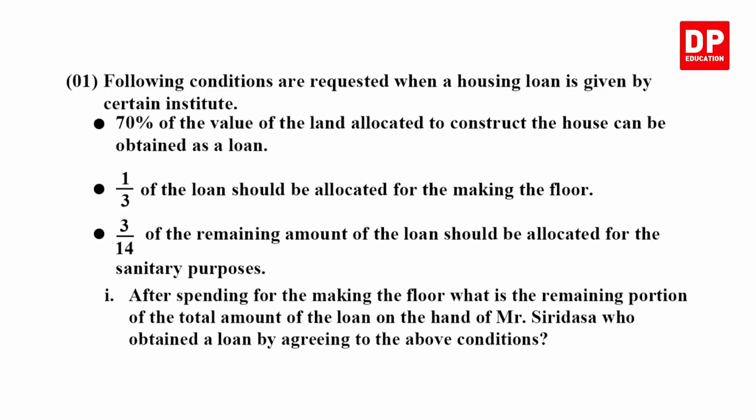Question number 1. The following conditions are requested when a housing loan is given by a certain institute. 70% of the value of the land allocated to construct the house can be obtained as a loan. 1/3 of the loan should be allocated for making the floor. 3/14 of the remaining amount of the loan should be allocated for the sanitary purposes.